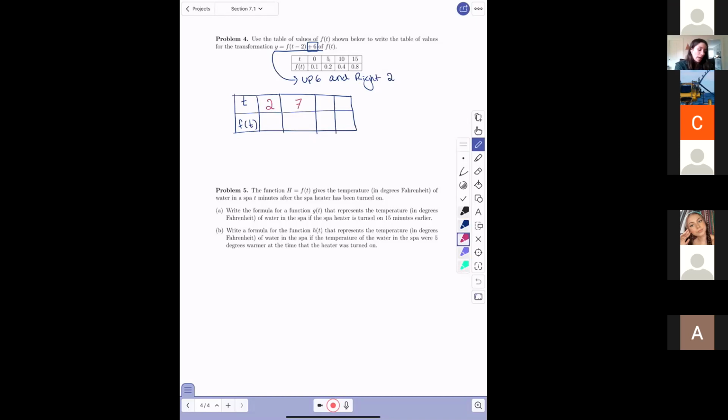The x value 10 shifts to the right 2, so it'll now be 12. And 15 shifts to the right 2, so it'll be 17. Any questions on shifting our input, our t value?